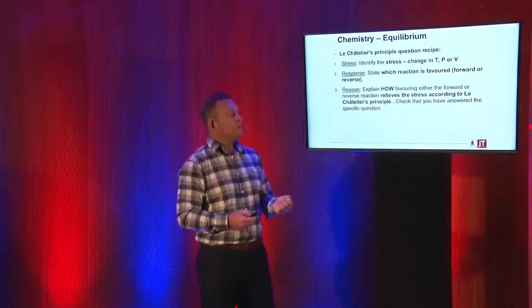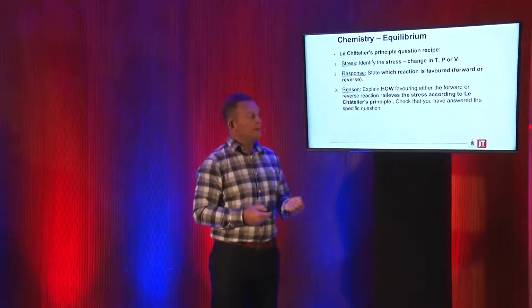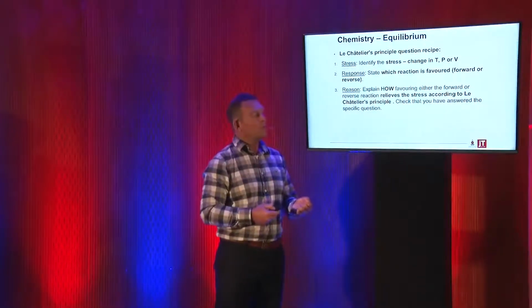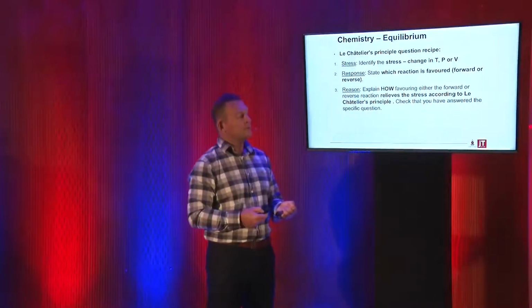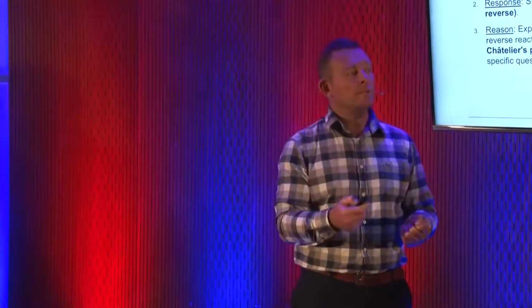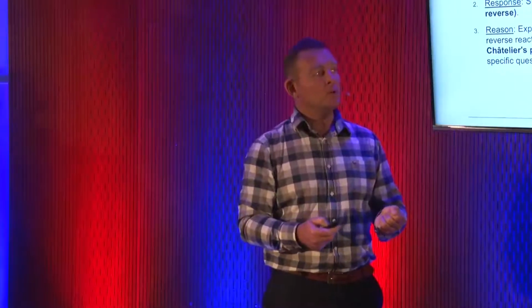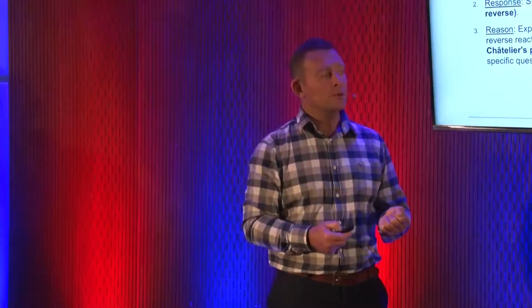And then we would reason, how does favoring the forward or reverse reaction relieve the stress according to Le Chatelier's principle? So for instance, if we increase the pressure, one of the reactions would be favored in such a way as to decrease the pressure.